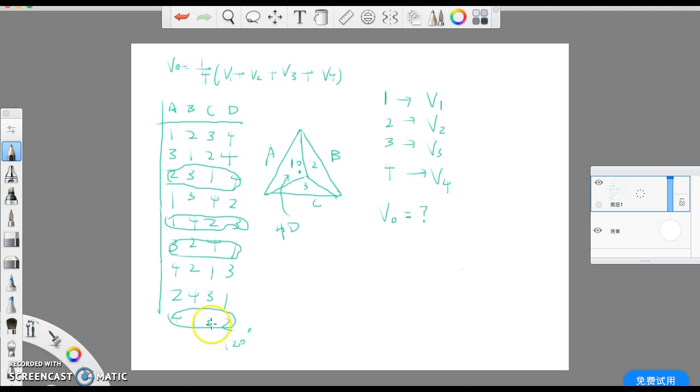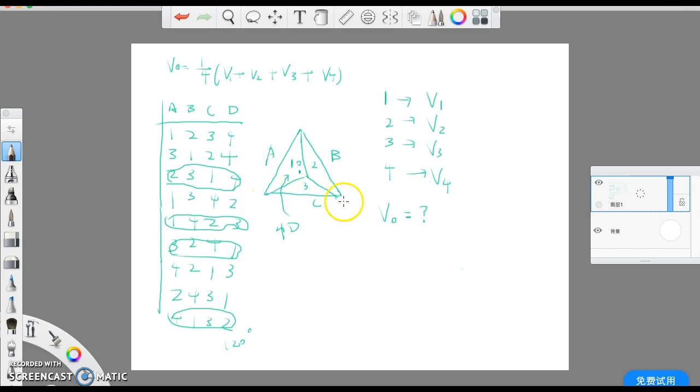If you add them up, you will see that, also because of symmetry, the center does not change, because it's the exact same tetrahedron, we just rotated it. The potential at the center is the same.